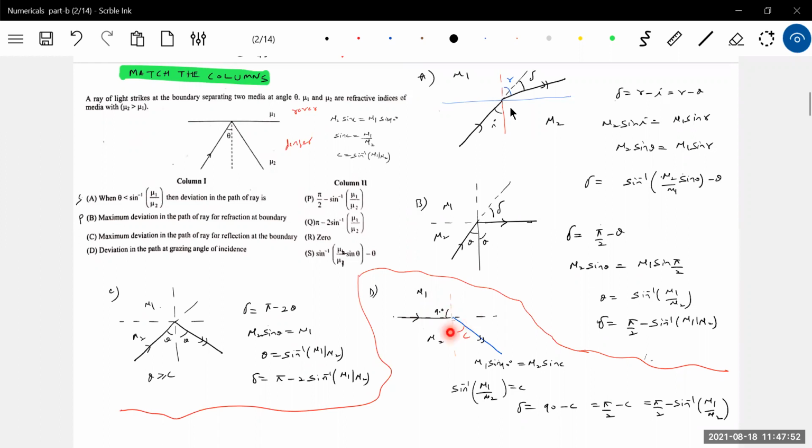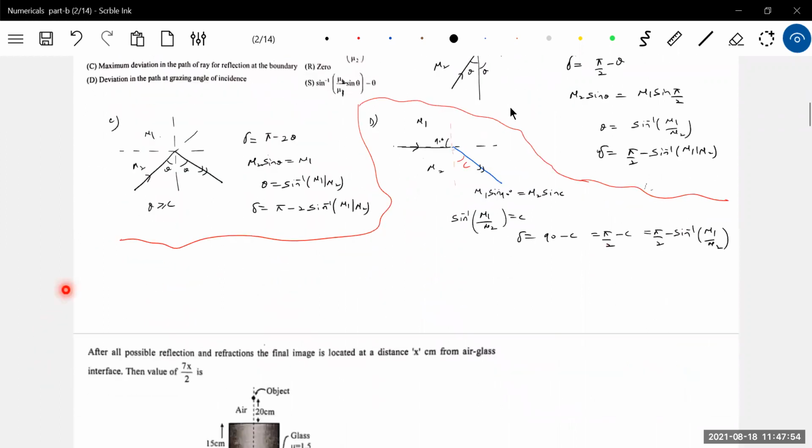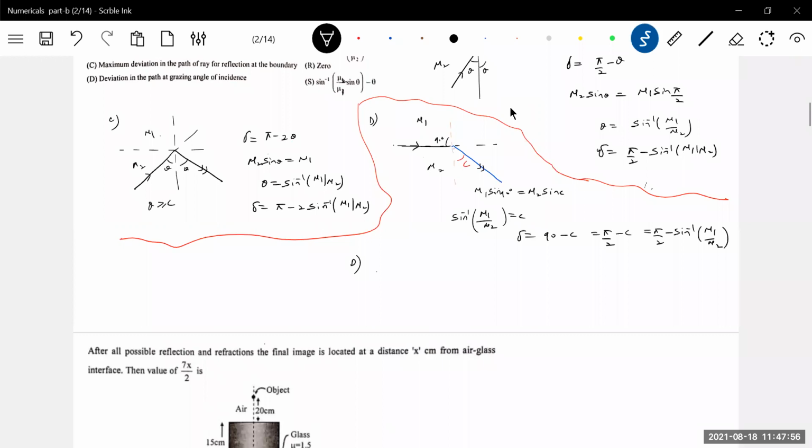Or else you may get confused. Option D. We have done so many problems. I think not analyzing. For critical angle, the ray will be like this. Okay, fine. Grazing. Now from the principle of reversibility of light, from grazing incidence, the emergent angle should be the critical angle.